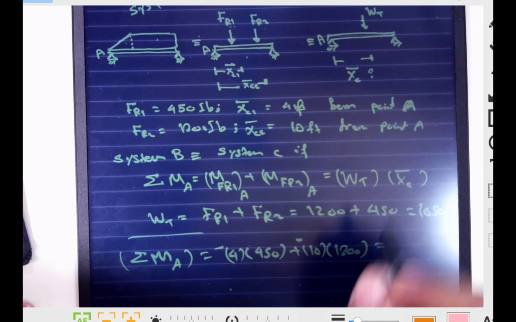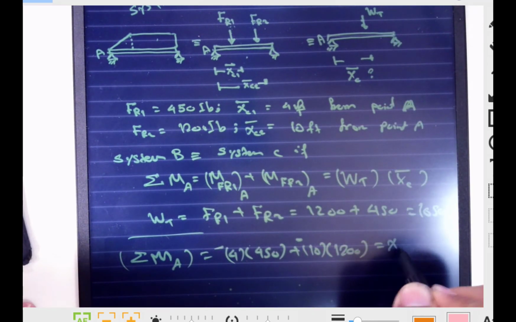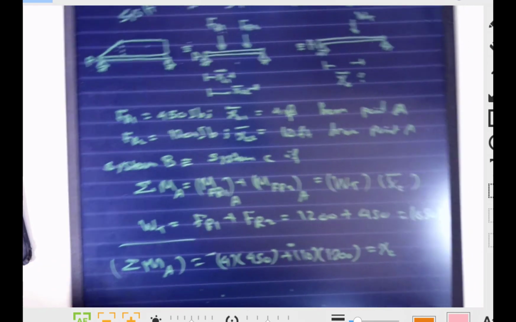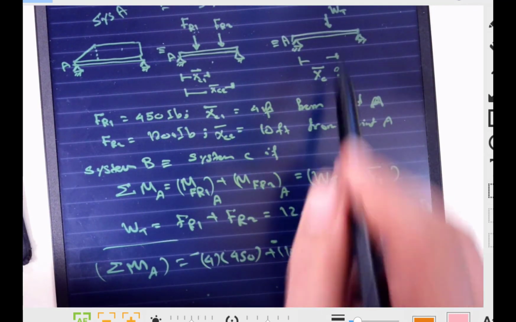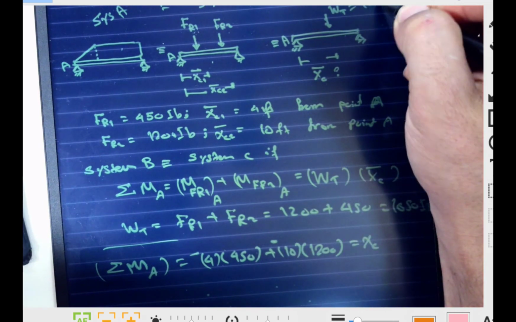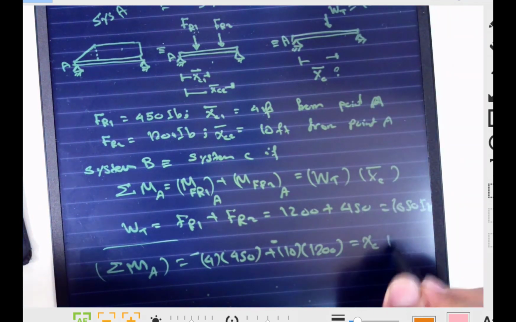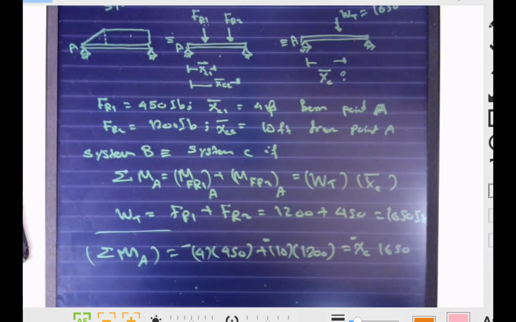This must be equal to the moment of WT, which is its location, which we don't know, multiplied by the total WT, 1650 pound, and this is negative again by the right hand rule.